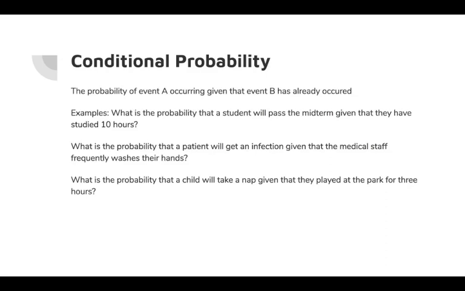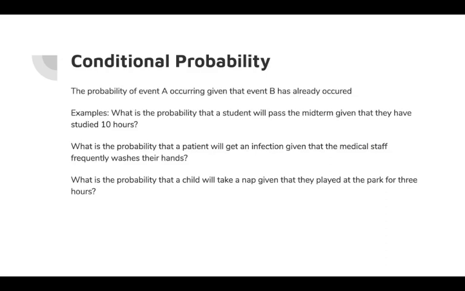Okay, so examples of this: you could say, what is the probability that a student will pass the midterm given that they have studied 10 or more hours? Okay, but that's my given. So they have to have already studied 10 hours. What is the probability that a patient will get an infection given that the medical staff frequently washes their hands?